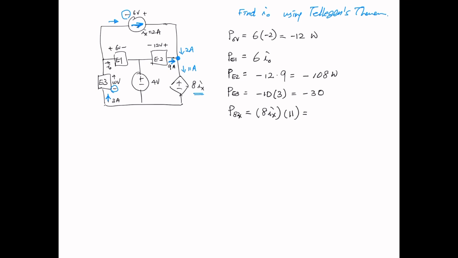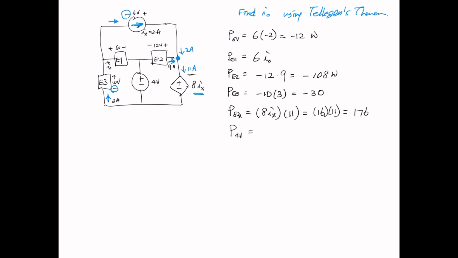And what is Ix? We said it is 2 amps. So we have 8 times 2, which is 16, times 11, and that is 176. Finally, we need to calculate the power of the 4 volts in the middle. Now we need to find the current.